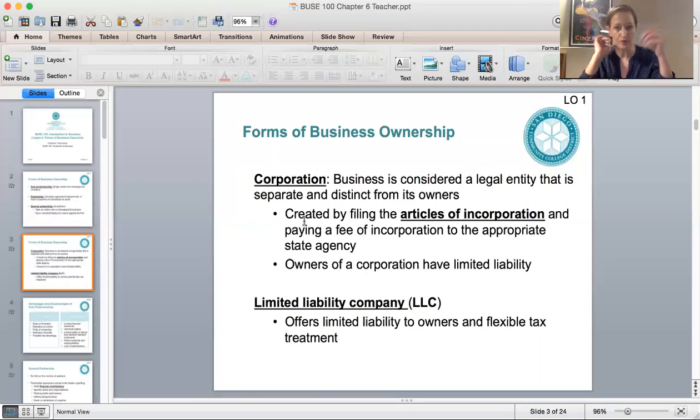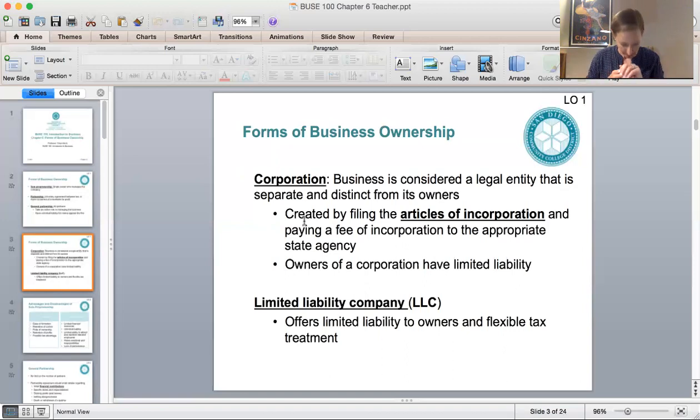If a business is owned as a corporation, it's separate from the owners. So if somebody was to sue the corporation for $5 million, and I only had as owner invested $5,000 into the corporation, all that I could lose is $5,000. I wouldn't lose the $5 million because that's separate.